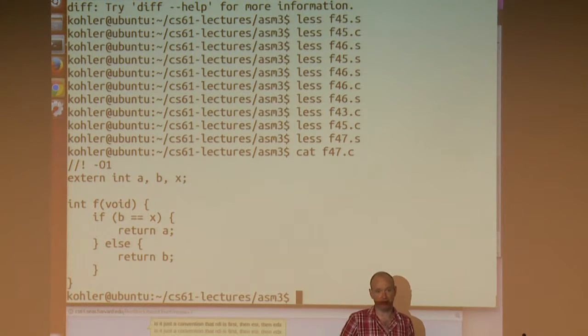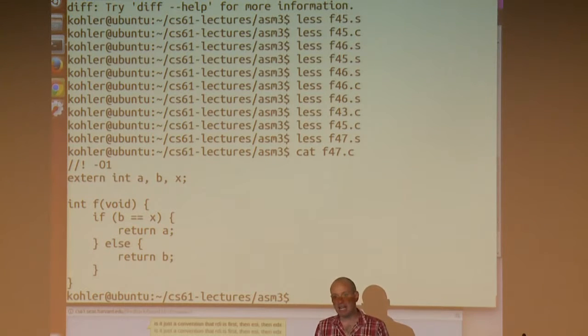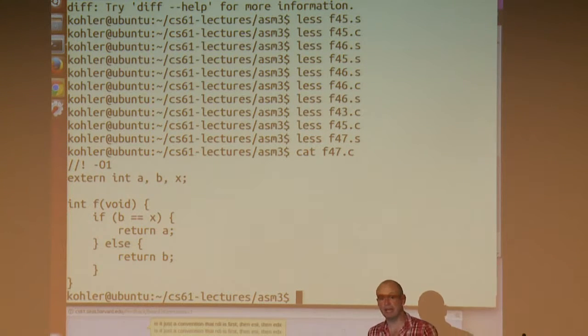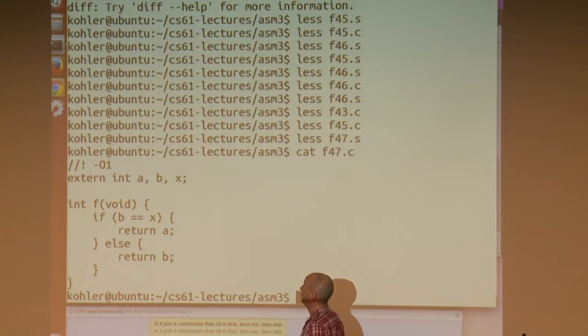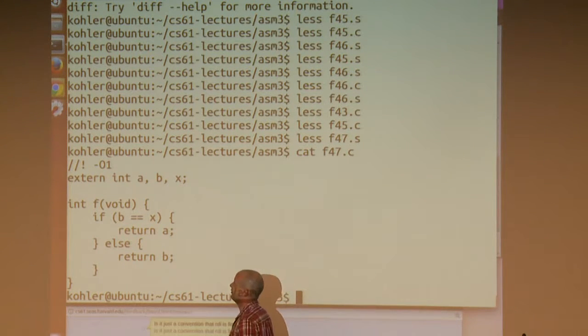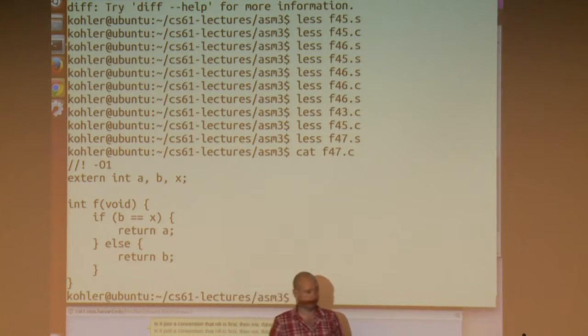Otherwise, return b. So in general, in assembly, when an instruction executes, we just go on to the next instruction. The exceptions are loops and branching control flow, where the program has a choice to make. Either it does one thing or it does another thing. Here, we're making the choice if B is equal to X.